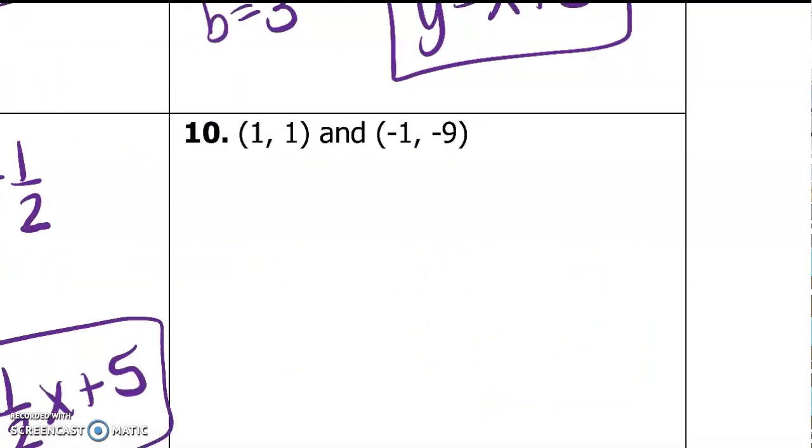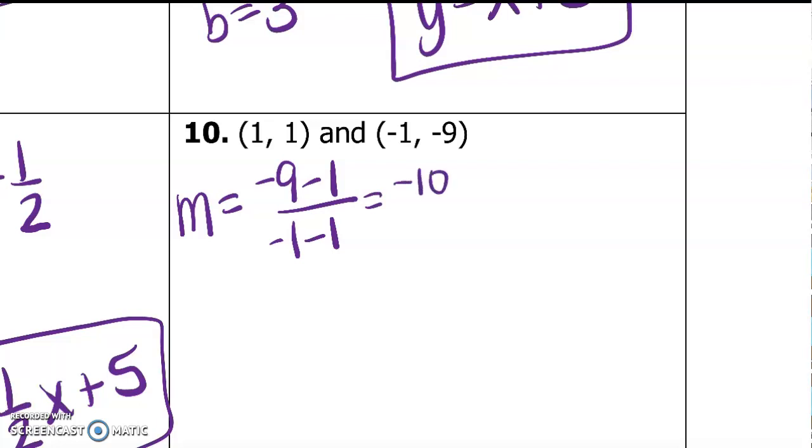Number 10, m equals -9 minus 1 over -1 minus 1. So that would give me -10 over -2, which is positive 5.